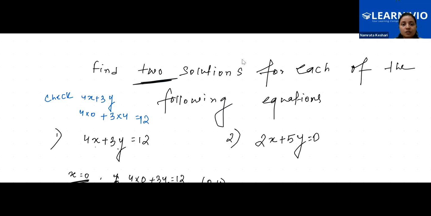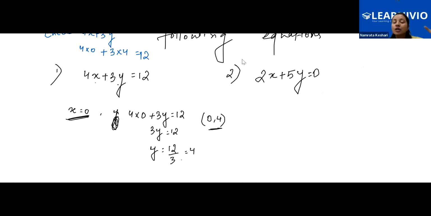Yes. So is it a solution? Yes. We already understood that all such x and y values which make the left hand side and right hand side equal are solutions. And yes, (0, 4) is a solution. Getting it? Yes, ma'am. From so many solutions, one is (0, 4).